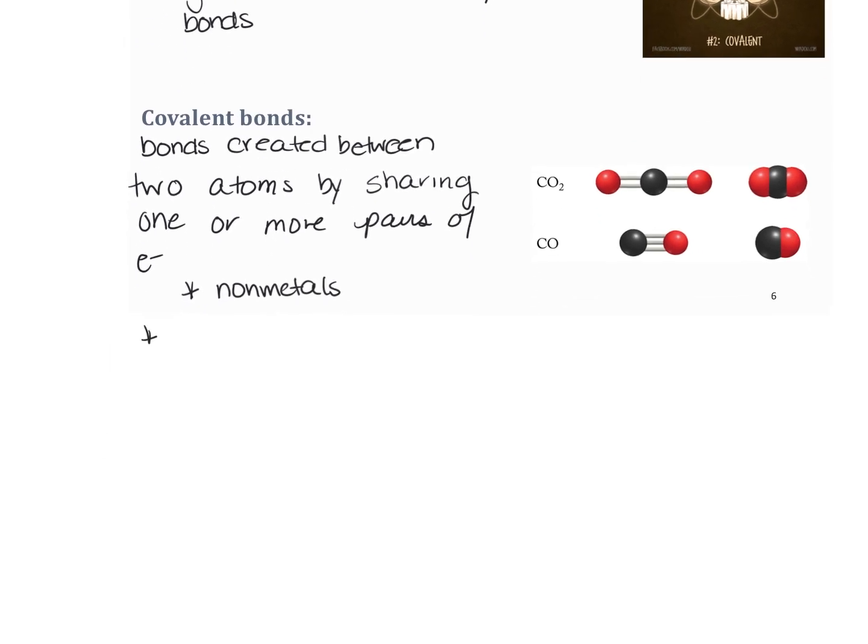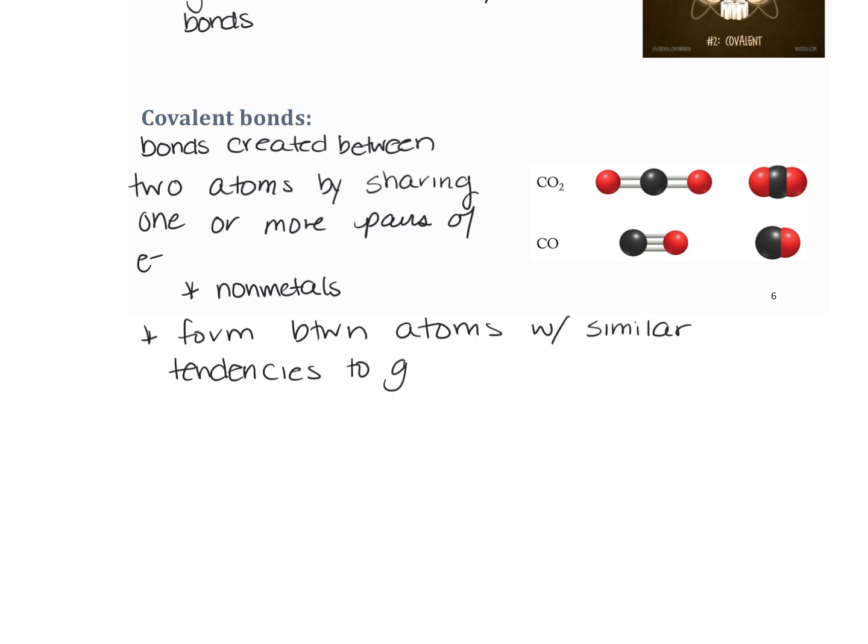So these covalent bonds, they form between atoms with similar tendencies to gain or lose electrons. And so those are our nonmetals.